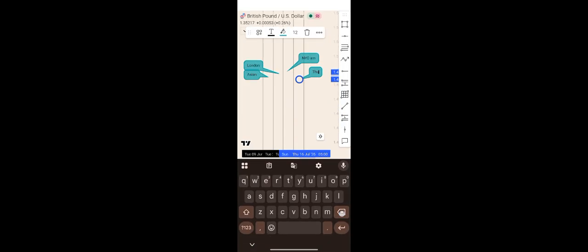Asia session, then London for the second quadrant. Then for the third quadrant, we have New York AM, and for the last quadrant, which is the reversal or continuation, we have the New York PM.